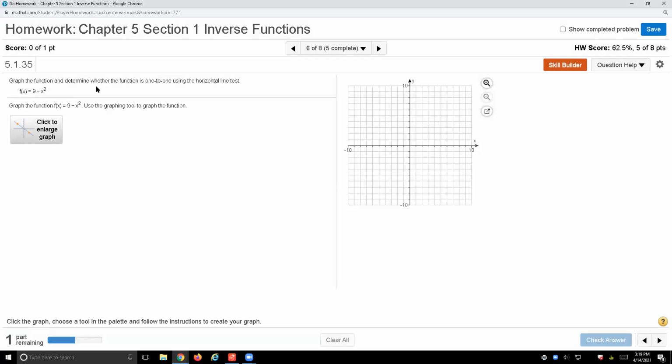Graph the function and determine if it's one-to-one using the horizontal line test. So this is 516. For this one, how do we graph it?